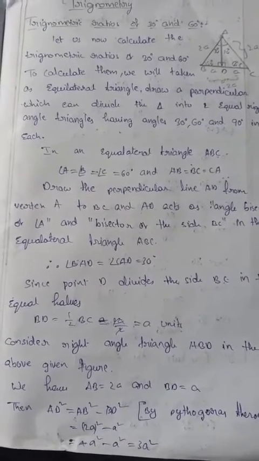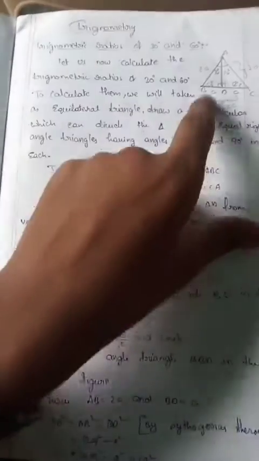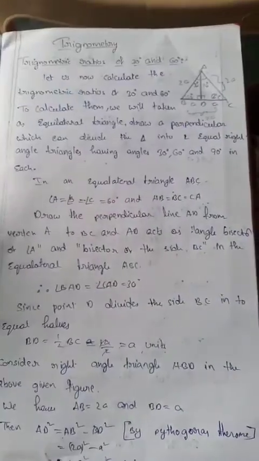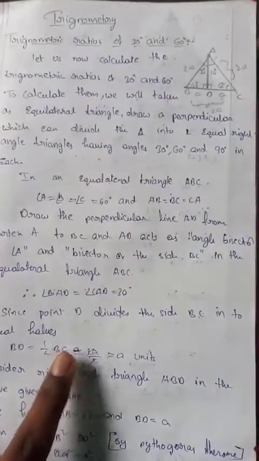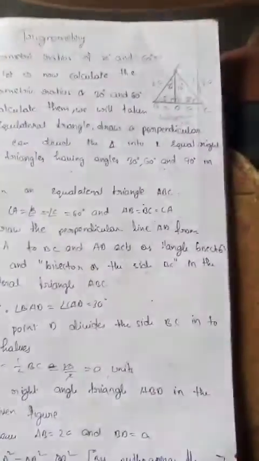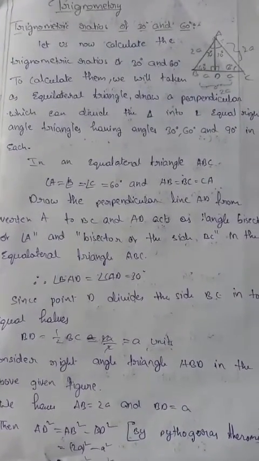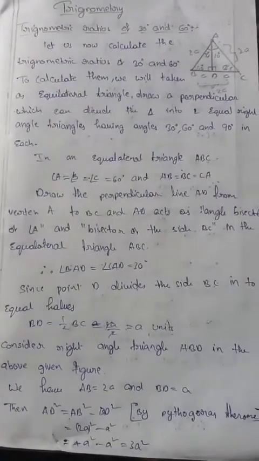After that, BD equal to half BC. Here I have given, guys, BD equal to half BC. Why? Because they both are right angle triangles and have a perpendicular bisector.